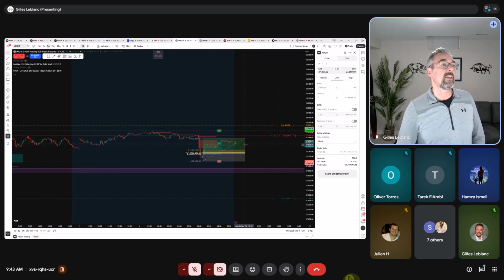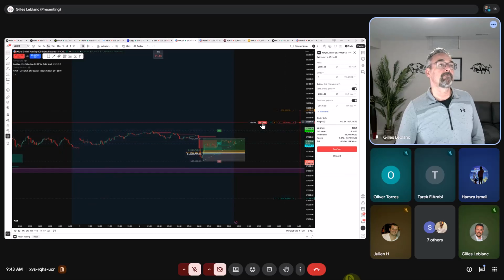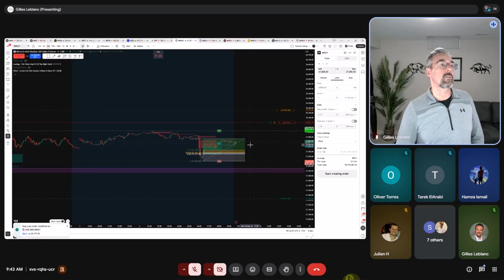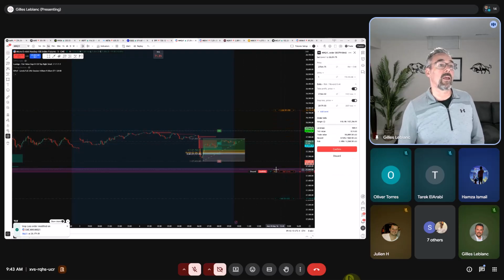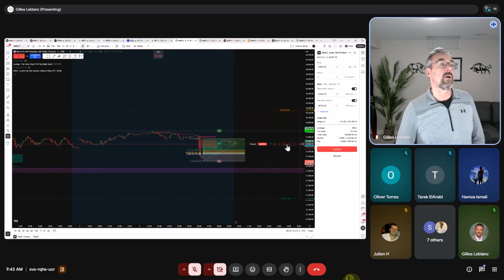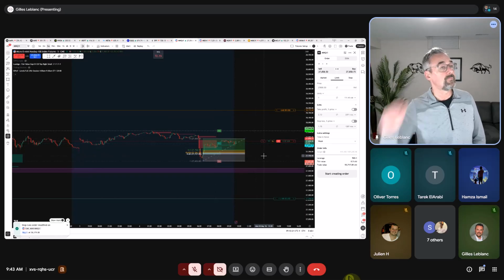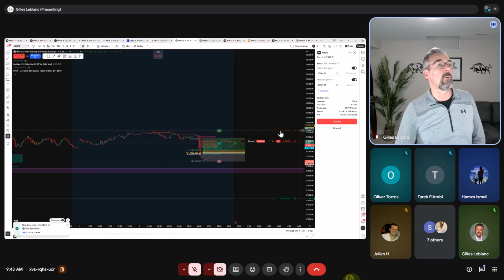And then I can just put it above, right? I can just go like this. But if I see that it is breaking down below what I want, I think I can just slam it down, sorry, and hit confirm, and then it'll get me in. And then I can move my stop loss to where I want it, and then confirm.